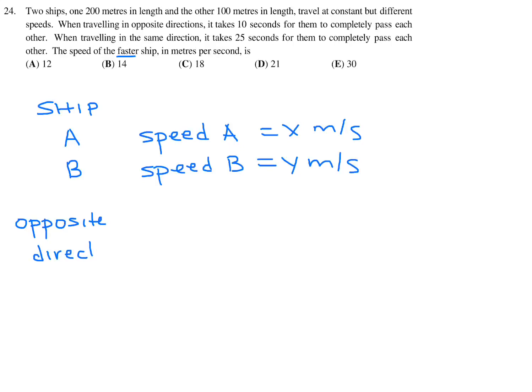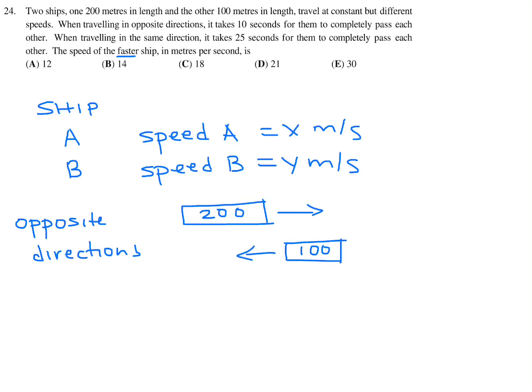So basically, if you have one ship like that, this is the one that's 200 meters in length and it's going this way. The other ship, which is 100 meters in length, is going that way.